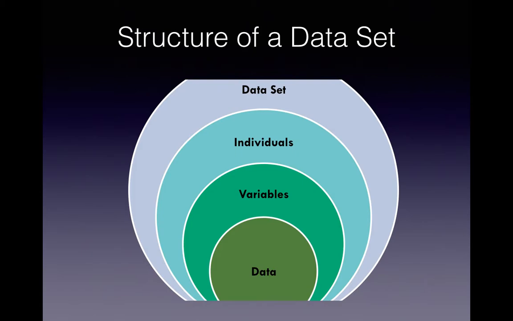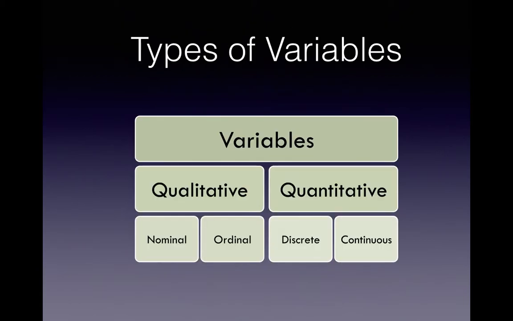Now, in statistics, because we have so many different data points, so many different variables, and we're talking about 10 million things at once, we have to have a specific way to organize everything in a way that makes it very easy for us to distinguish what we're talking about. And so we have a way that we categorize our types of variables. You can see that we have variables, and within variables we have qualitative and quantitative.